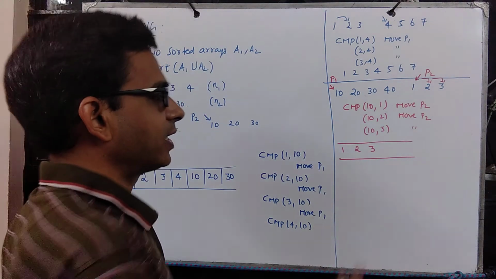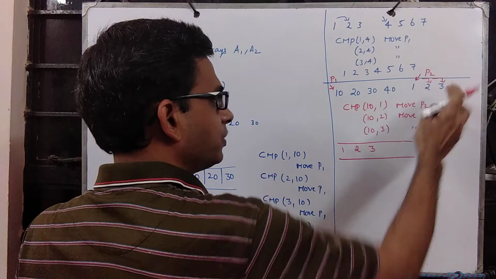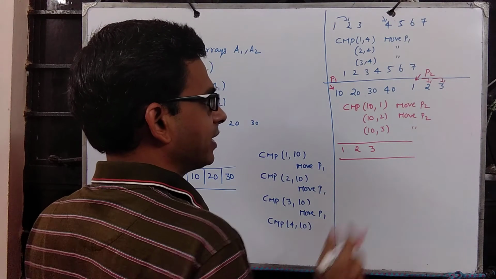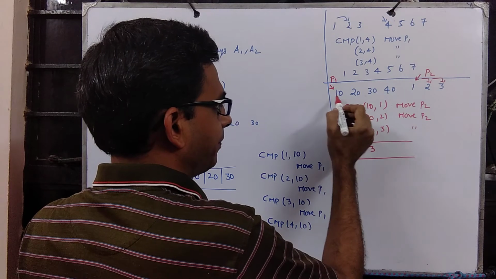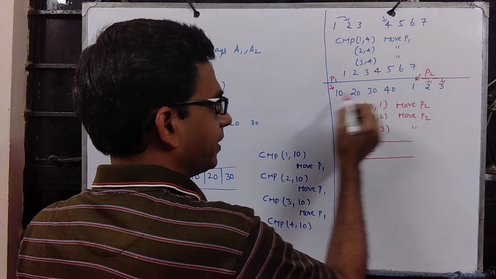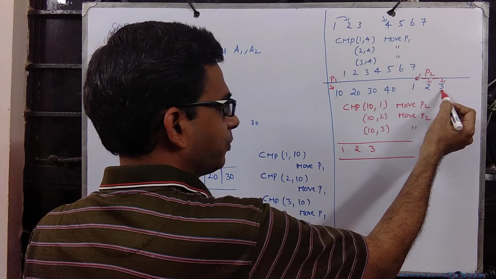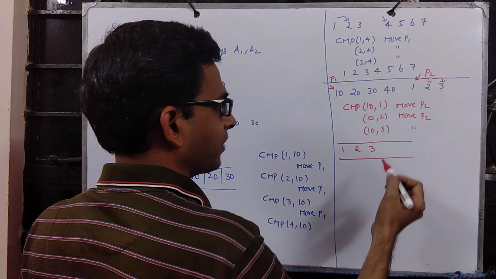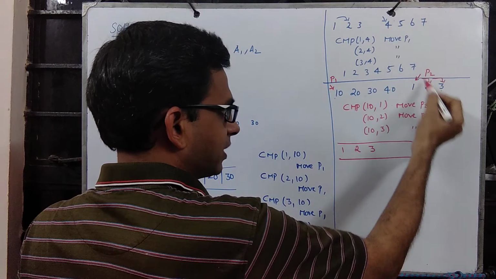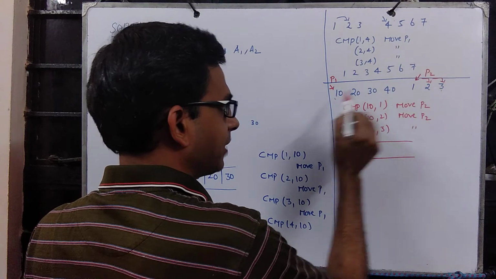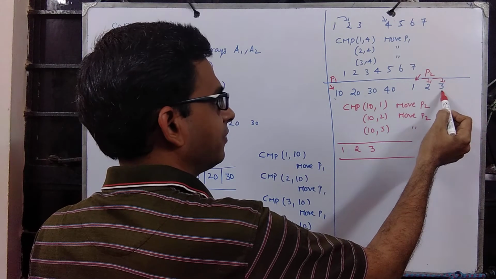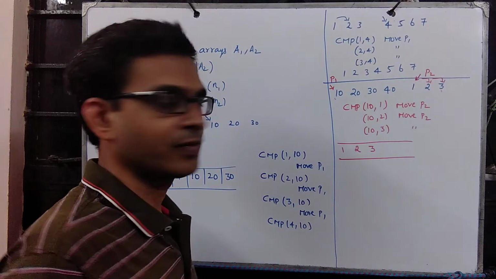Now you see that array 2 is exhausted. What does that mean? In the previous iteration, we compared the current value pointed to by P1 and the current value pointed to by P2, and the update was with respect to P2, which means the value pointed to by P1 is at least the value pointed to by P2.